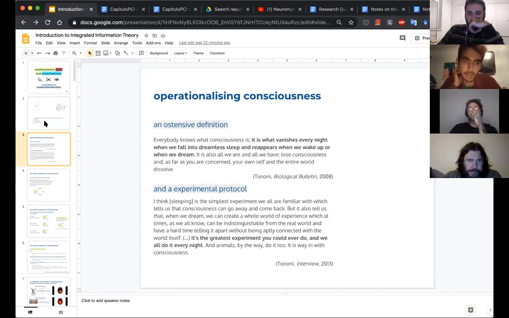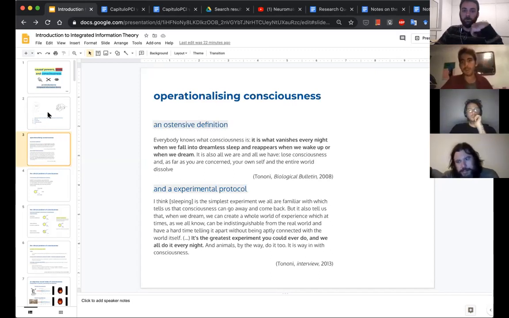It's probably one of the main candidates for a theory of consciousness today, and it's really influential. It's also distinctive because it's different from more cognitive theories like the global workspace and others. So it's quite original in many aspects.